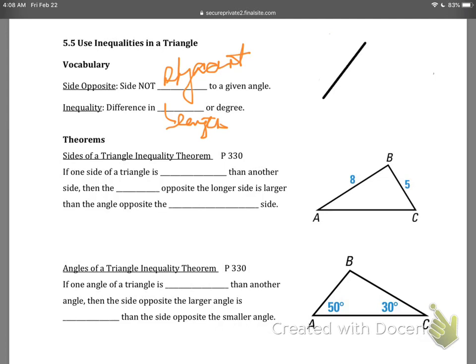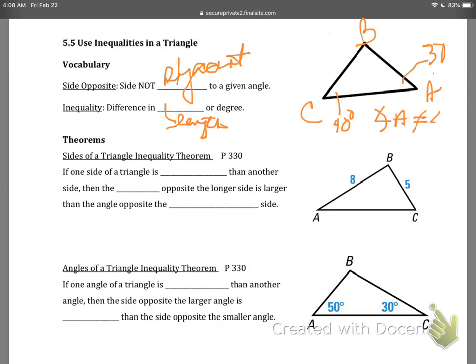So let's say I have this little triangle, and I tell you that this angle is 30, and that'll be angle A. And if this angle is, say, 40 degrees, I can say that angle A is not equal to angle C. That would be an inequality statement.